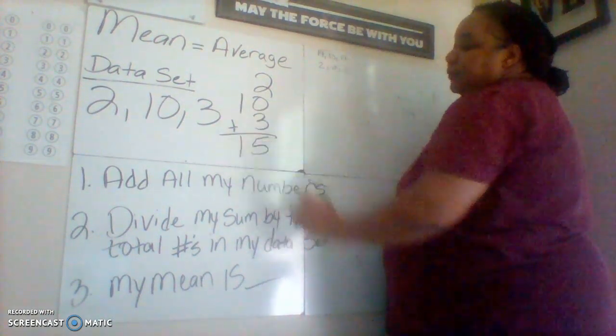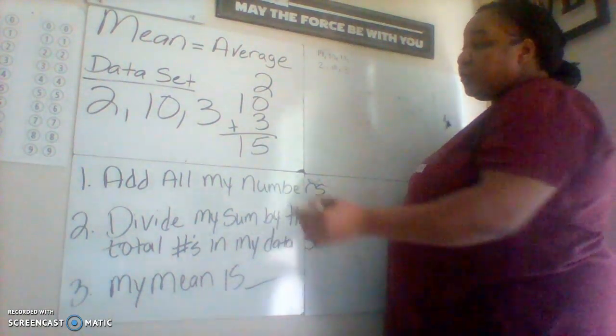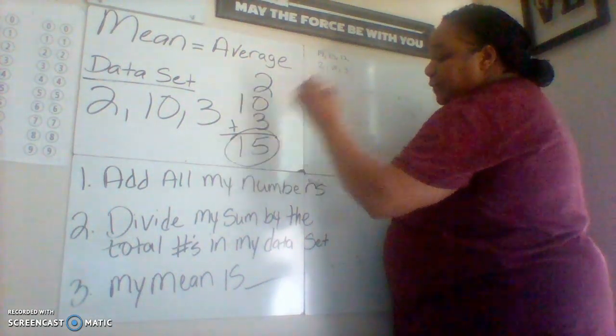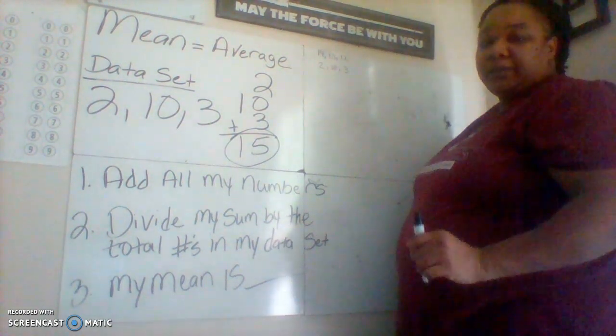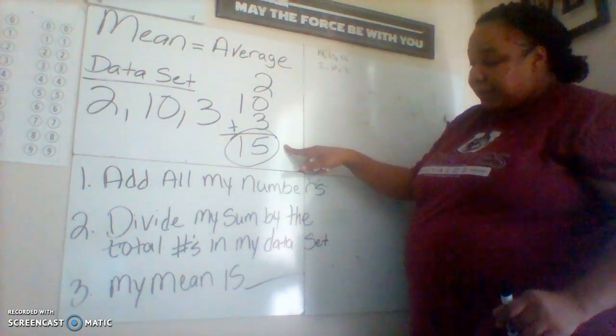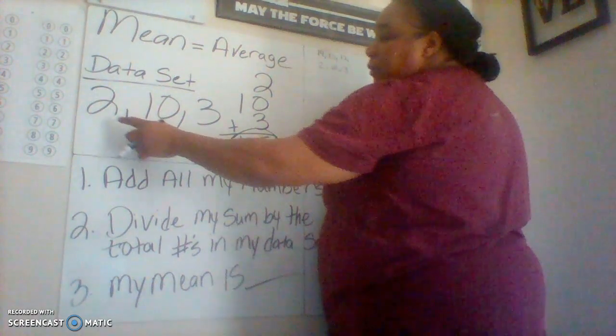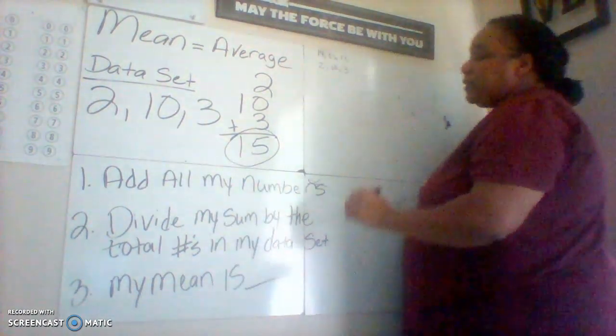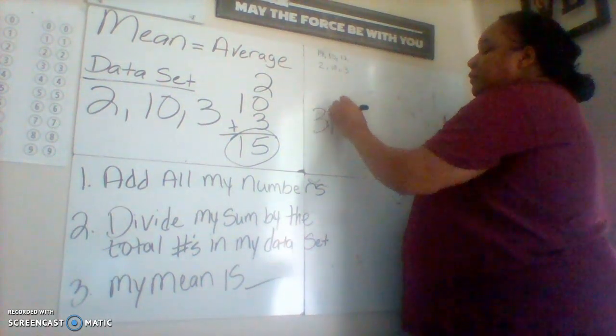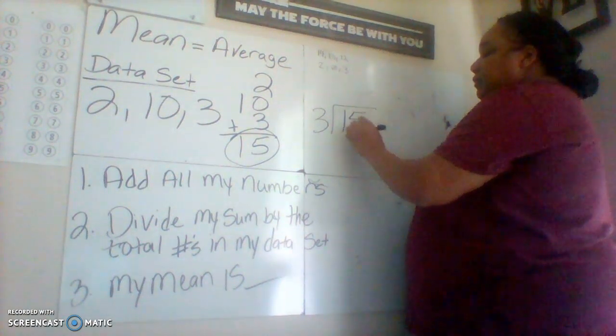Then bring down my 1. So, what's my sum? My sum is actually 15. All right, next step. Divide my sum by the total numbers in my data set. How many numbers did I count? 1, 2, 3 numbers in my data set. So I'm going to say 3 divided into 15.